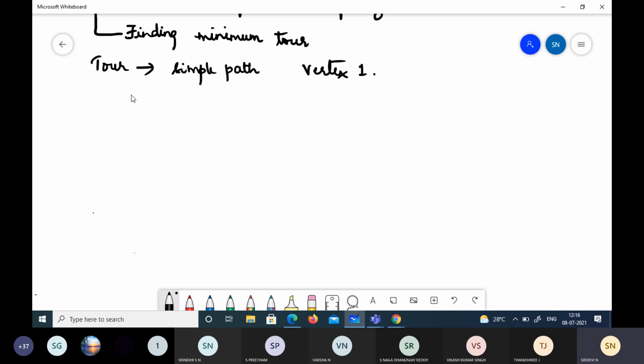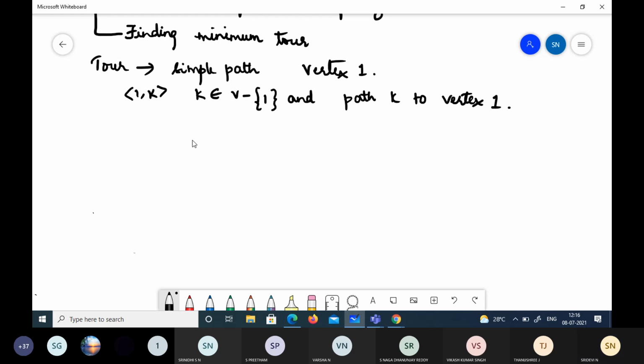And every tour will have an edge 1, k for some k. What is this k? It belongs to the set of edges leaving 1 because it starts from 1. And it will have a path from k to vertex 1.